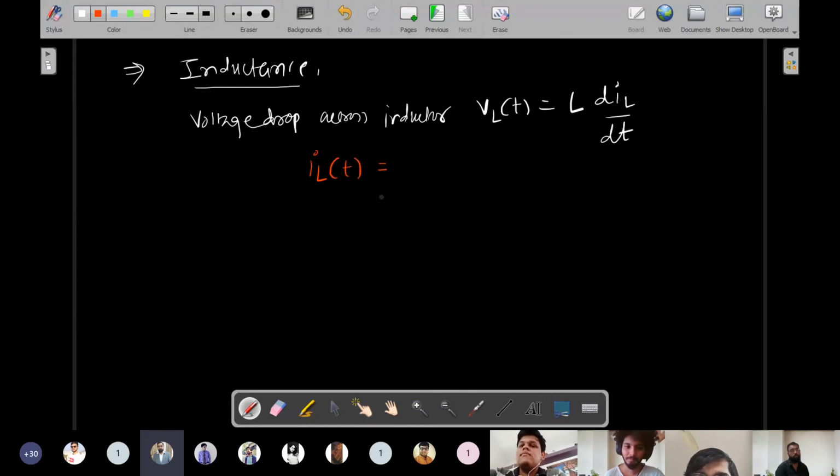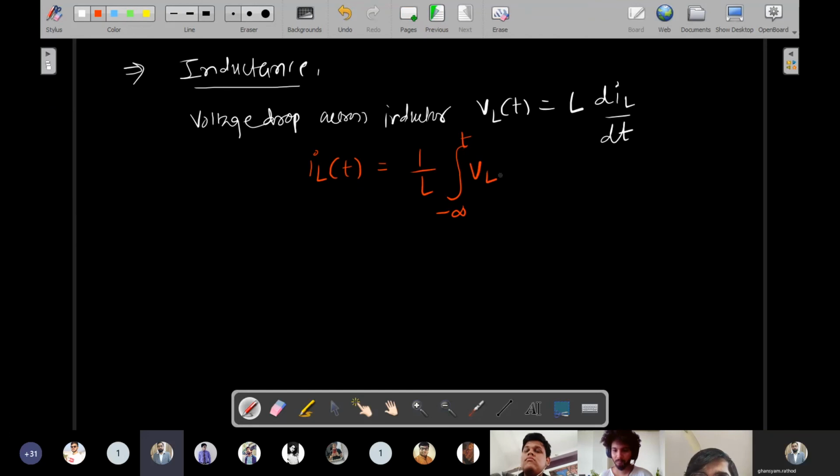So the current through the inductor at time t, or current stored in the inductor at a particular time t, can be written by doing the integration as 1 upon L, integral from minus infinity to t of VL of t dt.